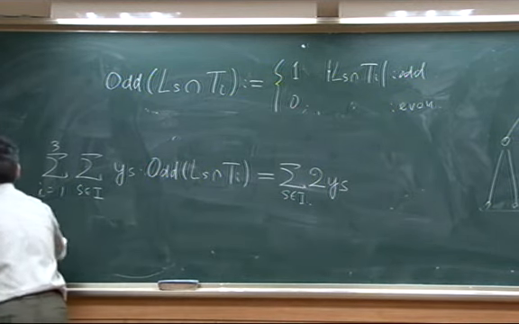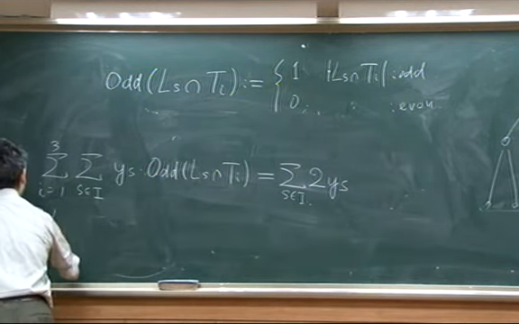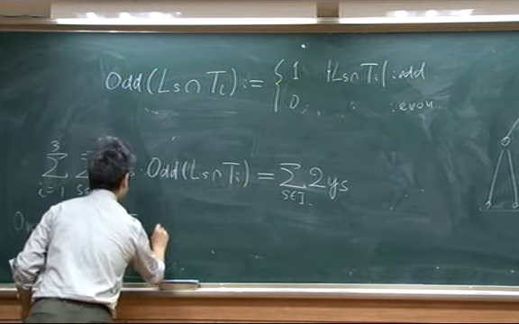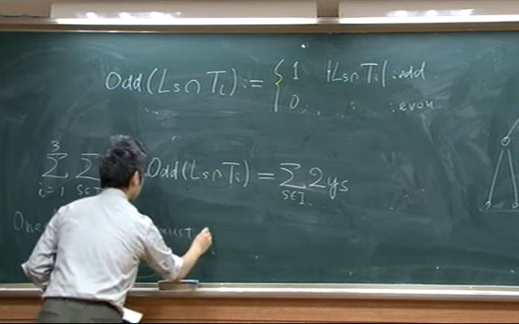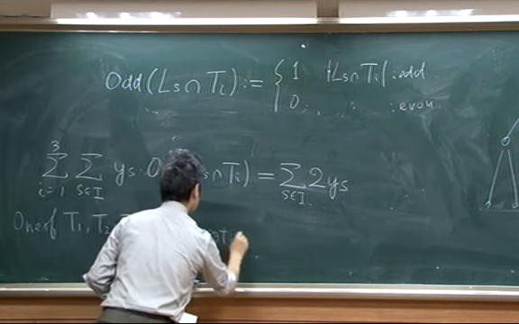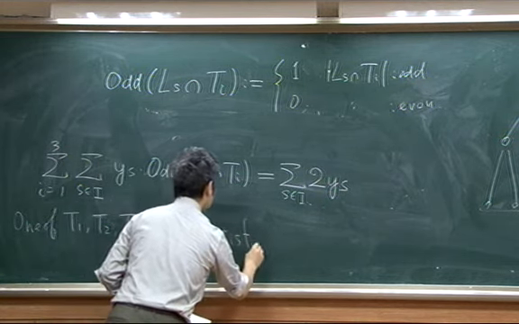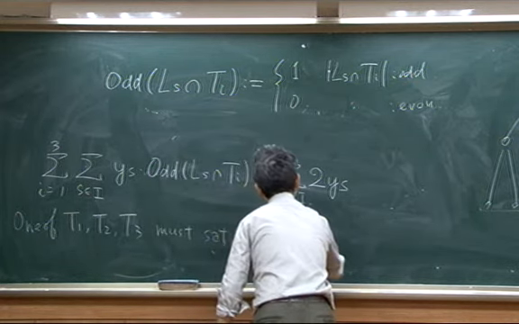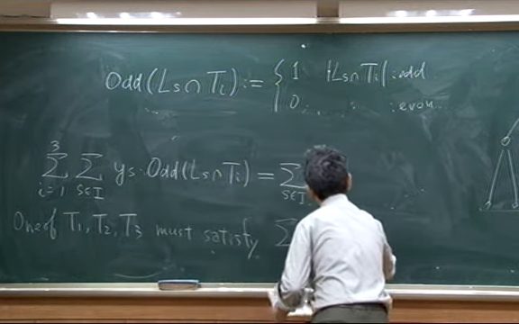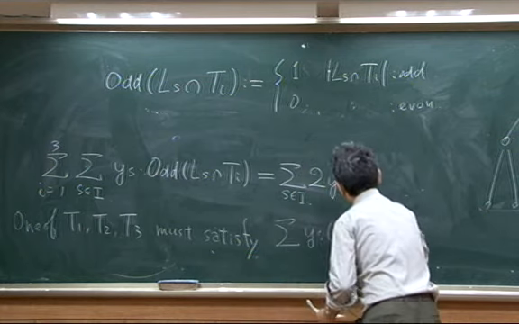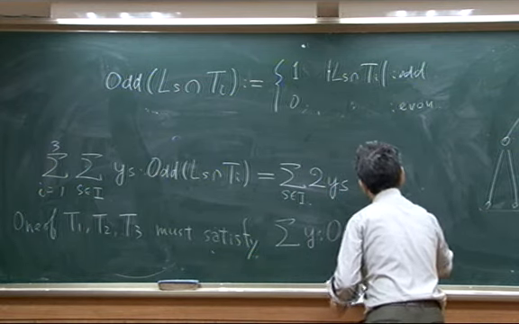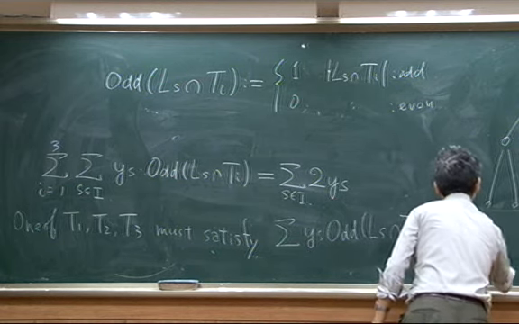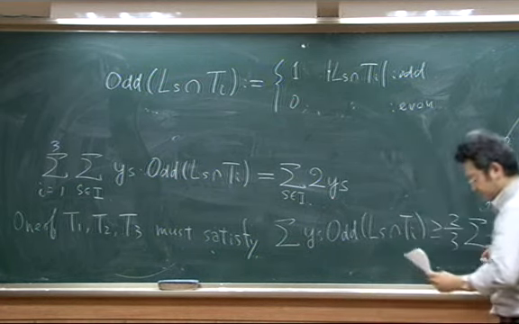That means one of T1, T2, T3 must satisfy this, so that its odd value is at least 2/3 of the entire y of S.